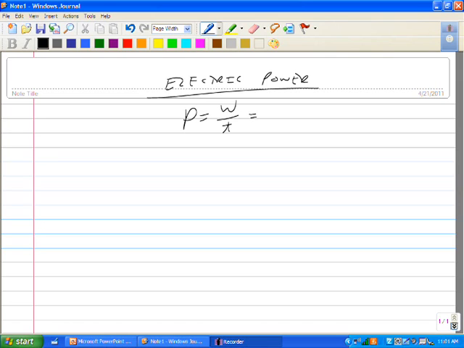Think bigger picture. Work is equivalent to energy. Energy and work are interchangeable, right? When I do work, I change the object's energy.